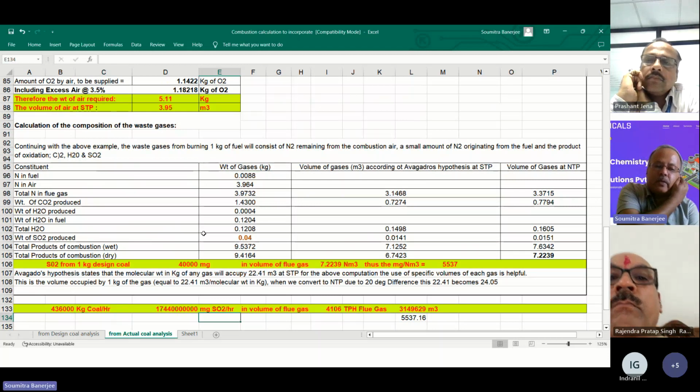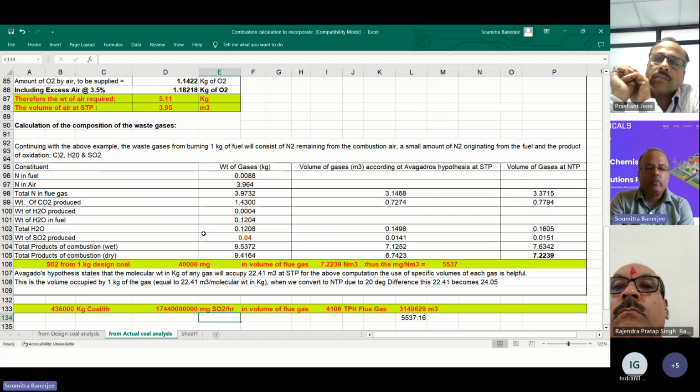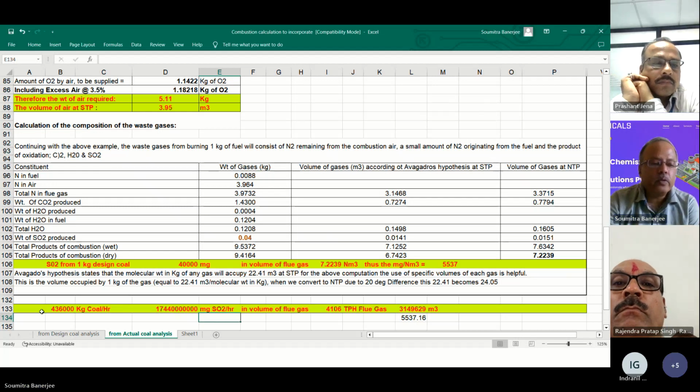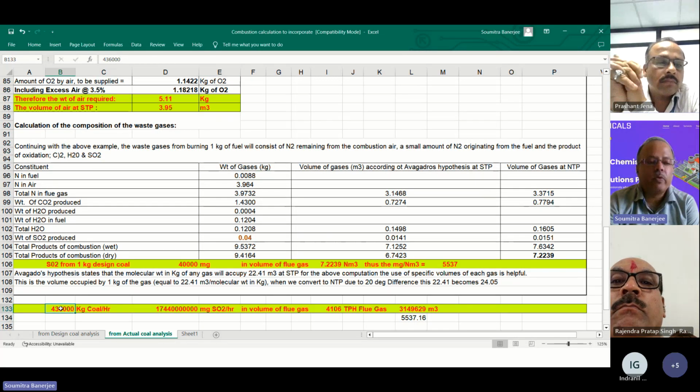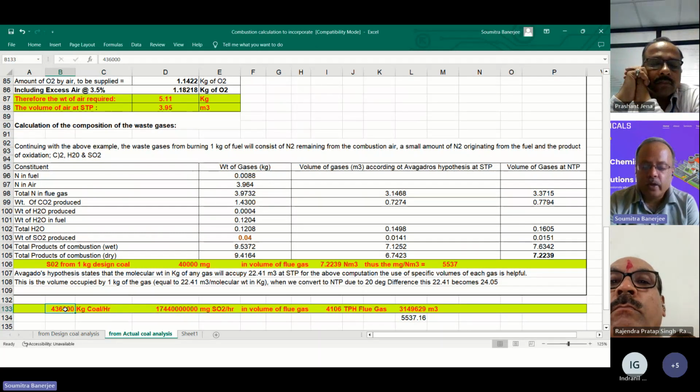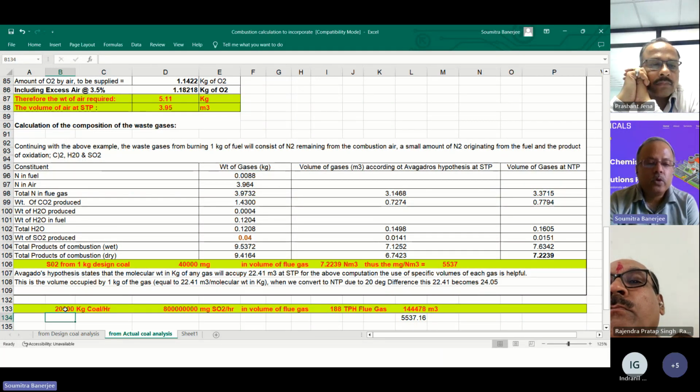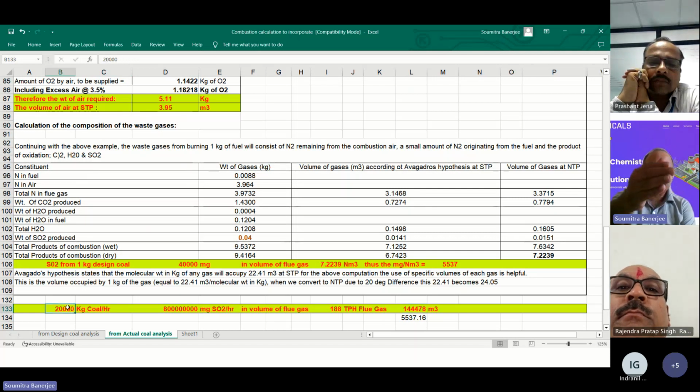Each gas has its own specific volume, and accordingly the coal per hour, this much coal per hour, if you change this as per your requirement, say 20,000, it will give so much SO2 in volume and so much flue gas in totality. So you change your coal characteristics inside wherever it does not have a formula.